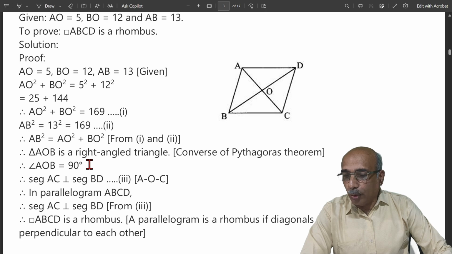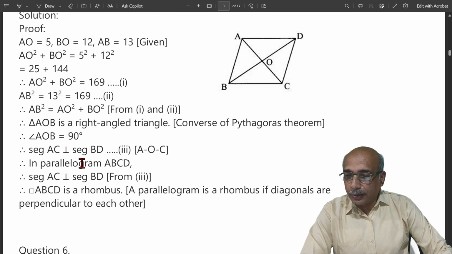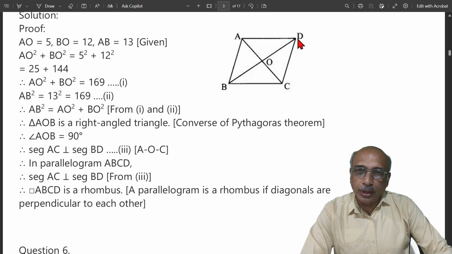So angle AOB equals 90 degree. Therefore, segment AC and BD are perpendicular to each other. These are nothing but the diagonals in a parallelogram. So quadrilateral ABCD is a rhombus. Why? Because in a parallelogram, if diagonals are perpendicular to each other, then it becomes a rhombus.